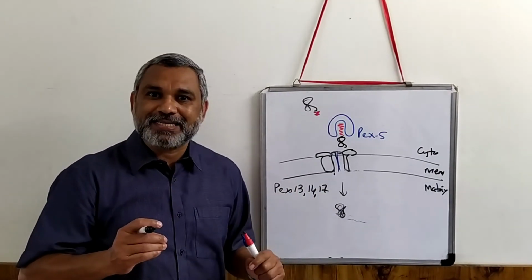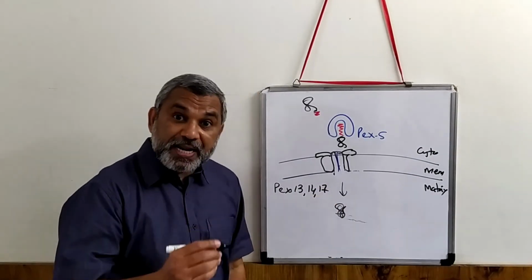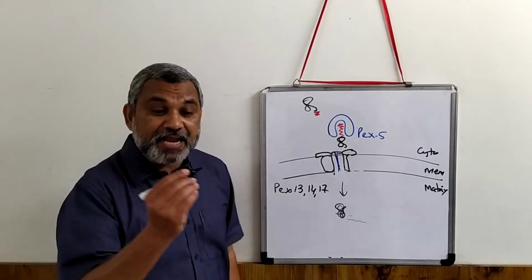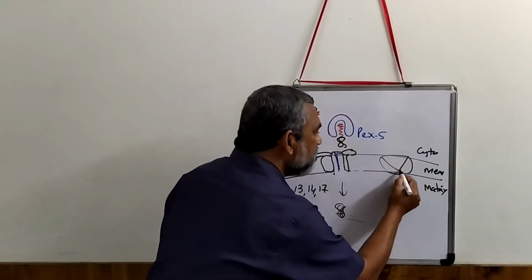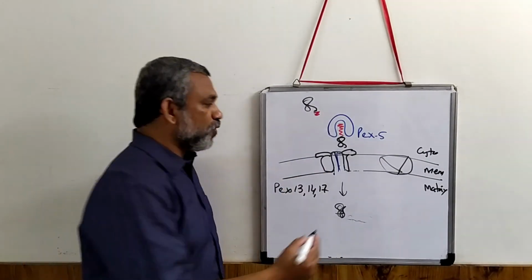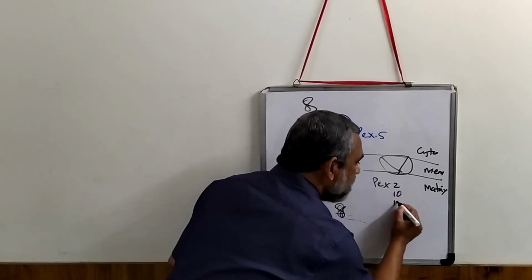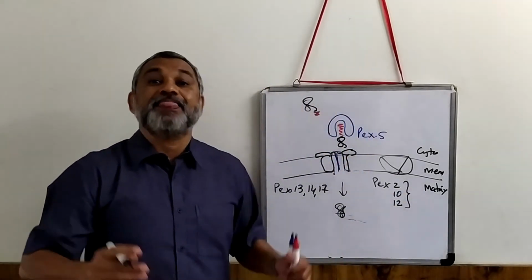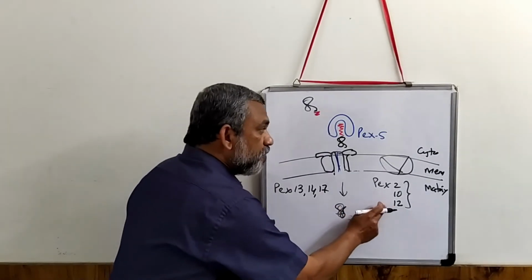How to separate this PEX5? In order to separate PEX5, there is another membrane bound complex, again made of 3 PEX proteins. These are PEX 2, PEX 10 and PEX 12, that form a complex. What is the function of this complex?